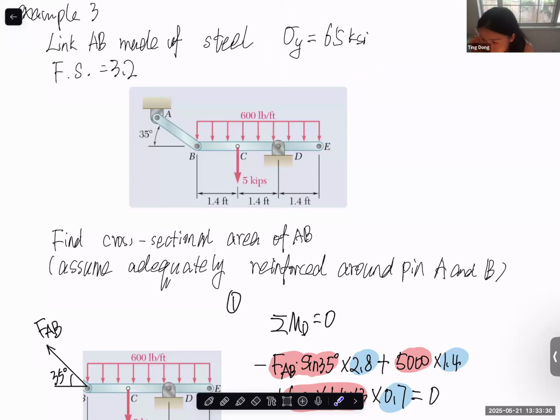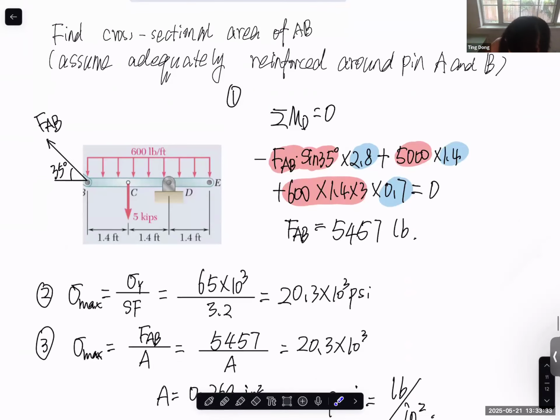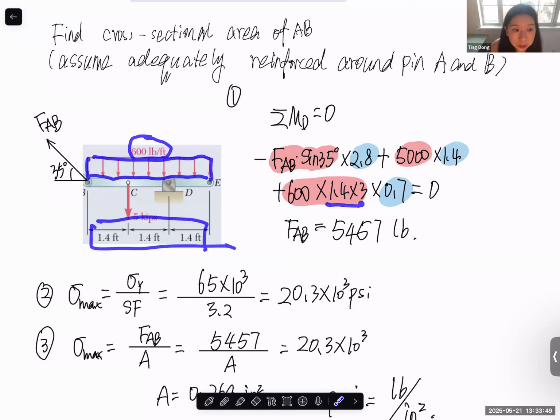How did you get the distributed load function? For the equivalent force, this is a uniform distributed force. So basically it's equal to 600 pounds per foot times the total length, 1.4 times 3. This is the area under the load curve.